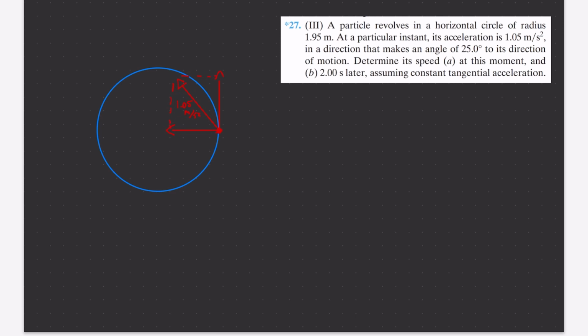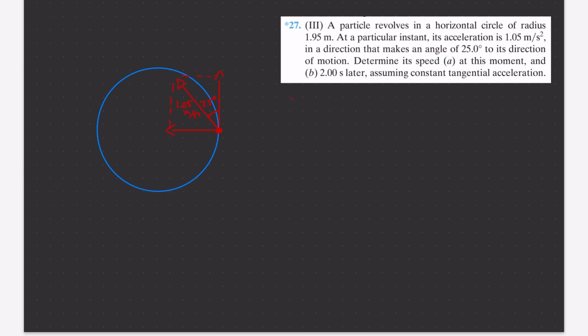So if this angle right here is 25 degrees, then we can really quickly find the centripetal acceleration and the tangential acceleration using a little bit of trigonometry.